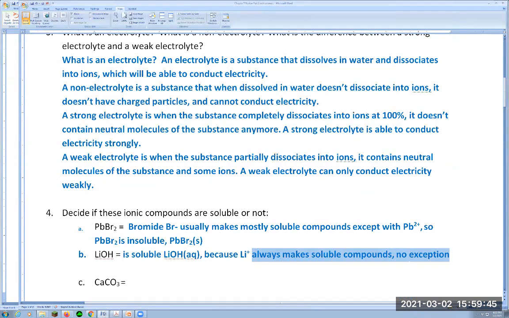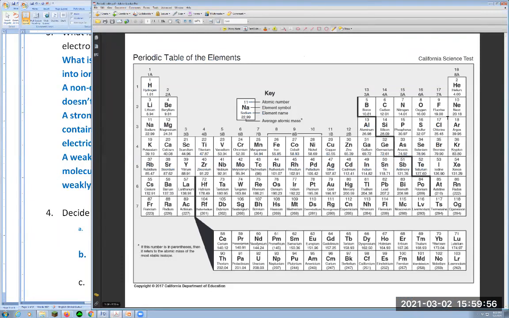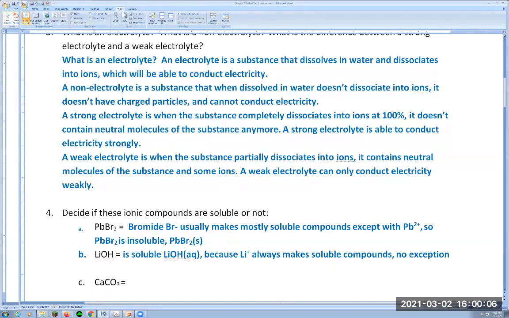So you will see how the alkali metals always make soluble compounds. If we look at the periodic table here: lithium, sodium, potassium, rubidium, cesium, francium, they will always make soluble compounds.